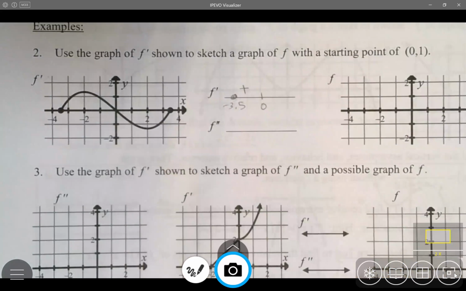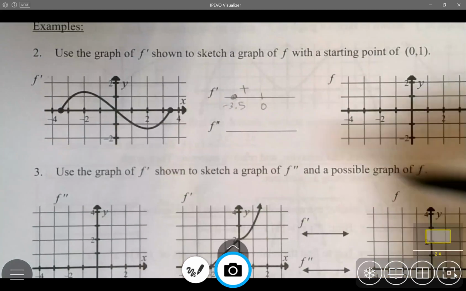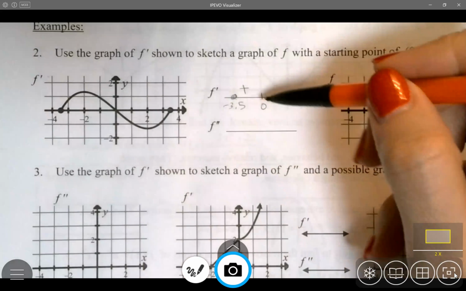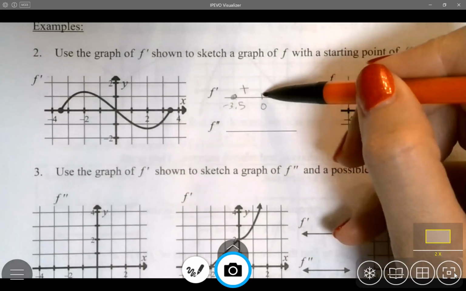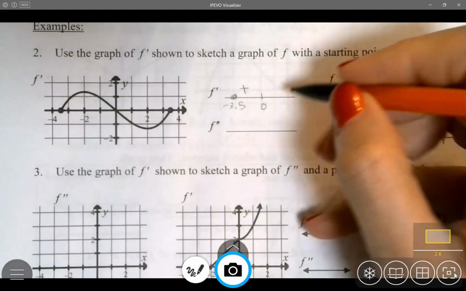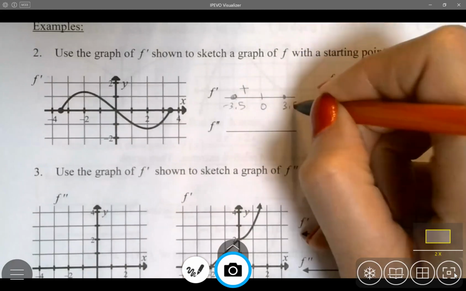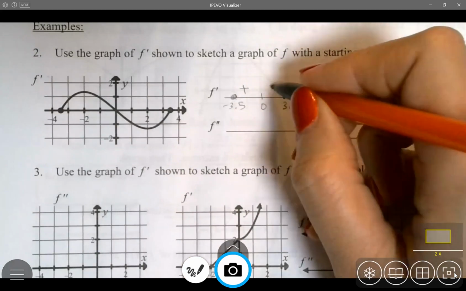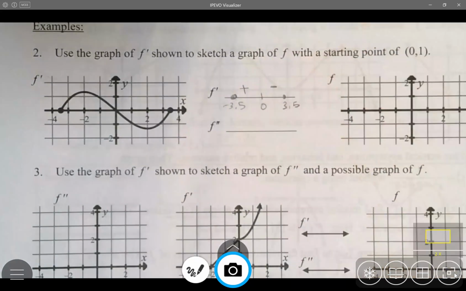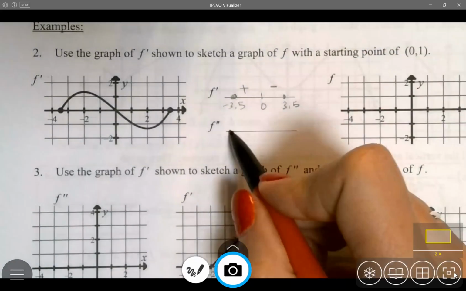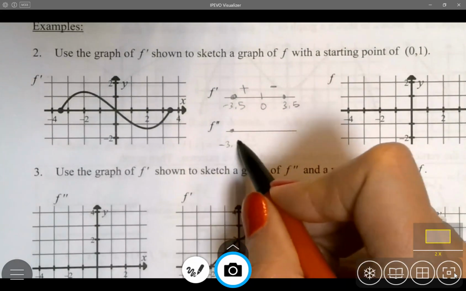And then from 0 until 3.5 on this side, it's below the x-axis, so that's going to be a negative.